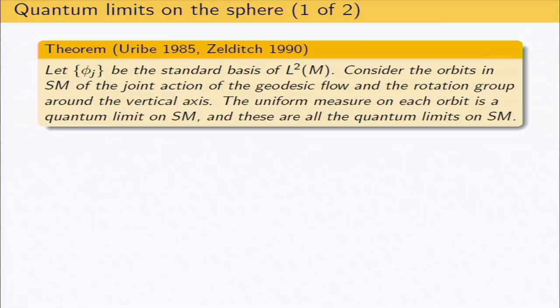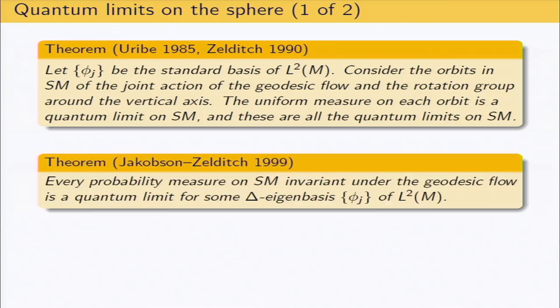There is another quantity besides energy, namely angular momentum, that is preserved, and that foliates phase space into two-dimensional tori. Well, there is also a one-dimensional one along the equator. So in particular, the Liouville measure is not a quantum limit with respect to the standard basis.